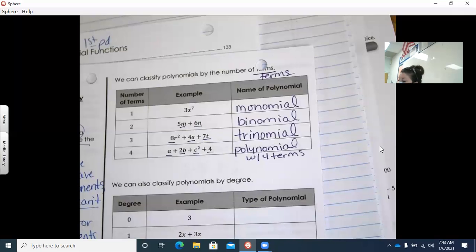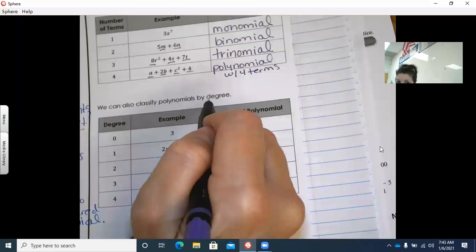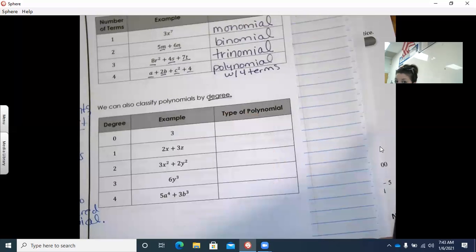All right, on the next table, they want us to classify polynomials based on how many degrees it has. We've talked about degrees before, technically last year. Do y'all remember what a degree means? It's kind of like an exponent, but a little different.